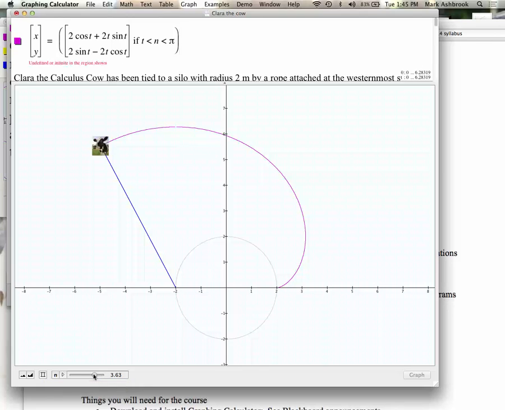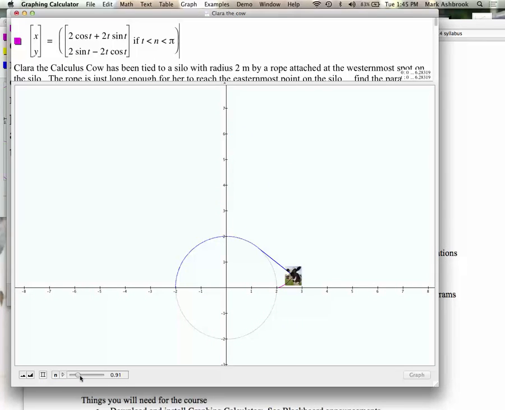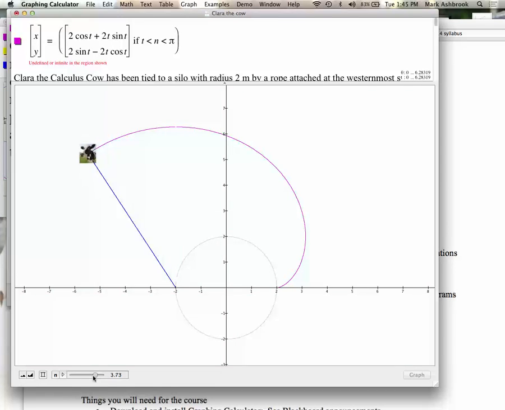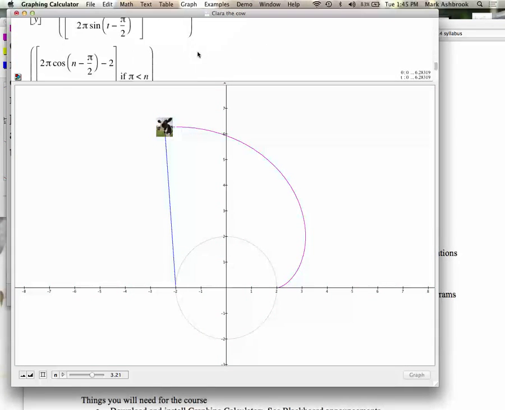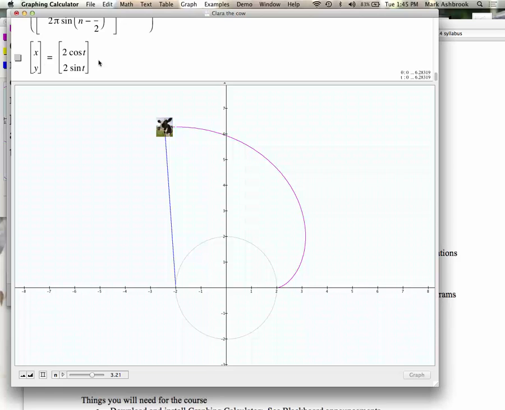Well, I can do it here. I can just do it manually. Here we go. All right. Oh, you can't see that. The silo is a little too dark there. Too light. There we go.